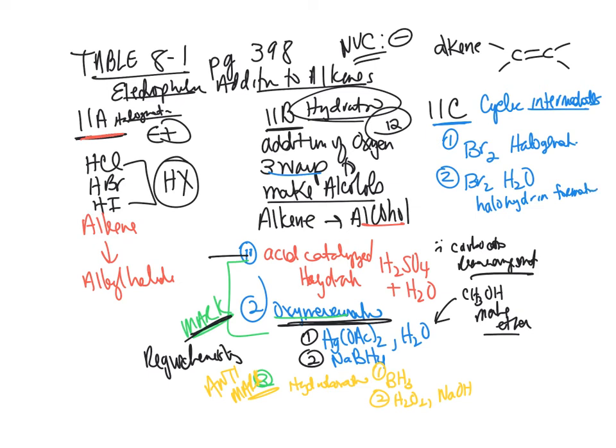Okay, so I look at that. Halohydrin. We're just going to do epoxidation of alkenes, and my favorite reagent is MCPBA, metachloroperbenzoic acid, but you'll find that you can use any of these peracids.